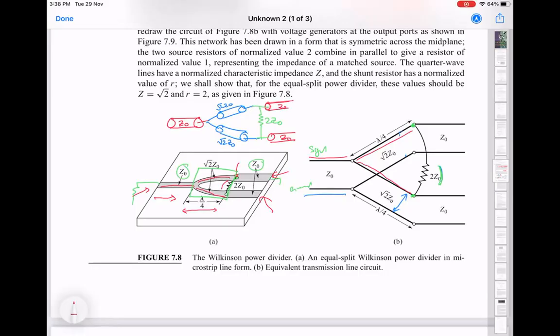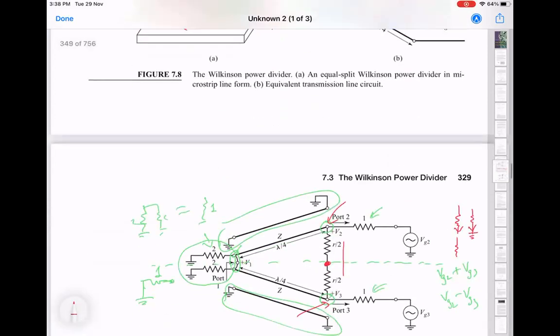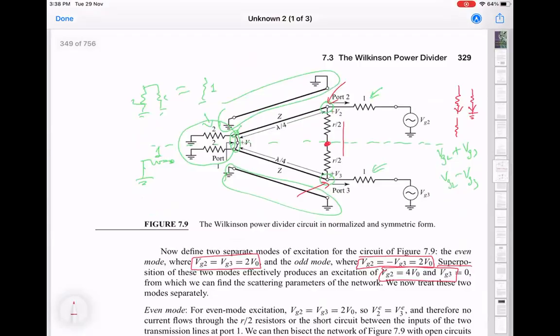Okay. So we had started using this even-odd mode analysis last time. I'll quickly go over the initial part so that we are all on the same page. The idea here is that it uses this symmetry which you have along this horizontal line through the middle here, and then you separate your primary excitation, where you're using this 3-port model and exciting one of the ports with some voltage on the output side, and the other port is 0 volts.